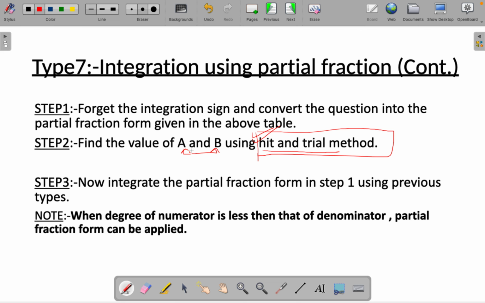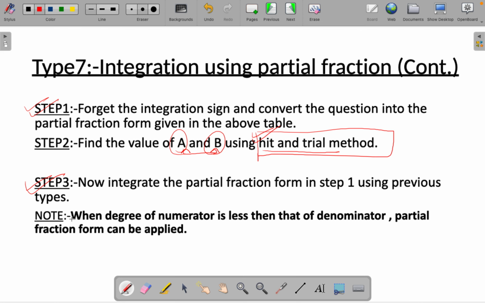Now, after getting the value of A and B, children, what I want you to do is put the values of A and B in the first step, that is, the partial fraction which we have taken out, put the values of A and B, and now you integrate. And now you integrate using your previous types. Either type 4 can be used, or maybe substitution can be used. So there are many ways to do it.